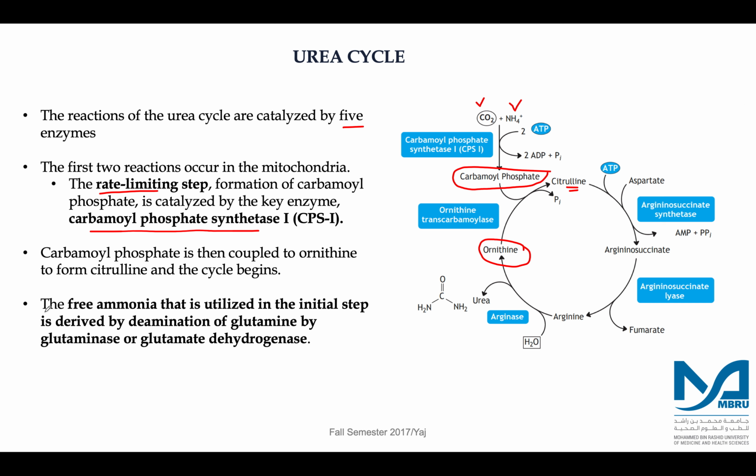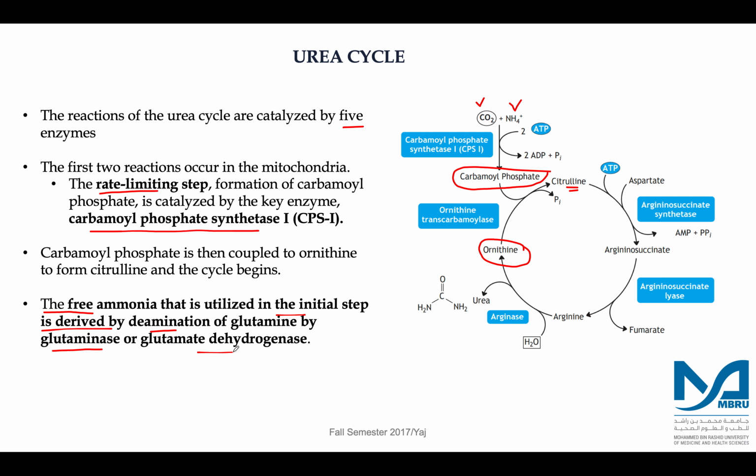I mentioned this over and over again. The free ammonia that is utilized in this step is derived from glutamine by the process of deamination by the catalytic activity of glutaminase or glutamate dehydrogenase.